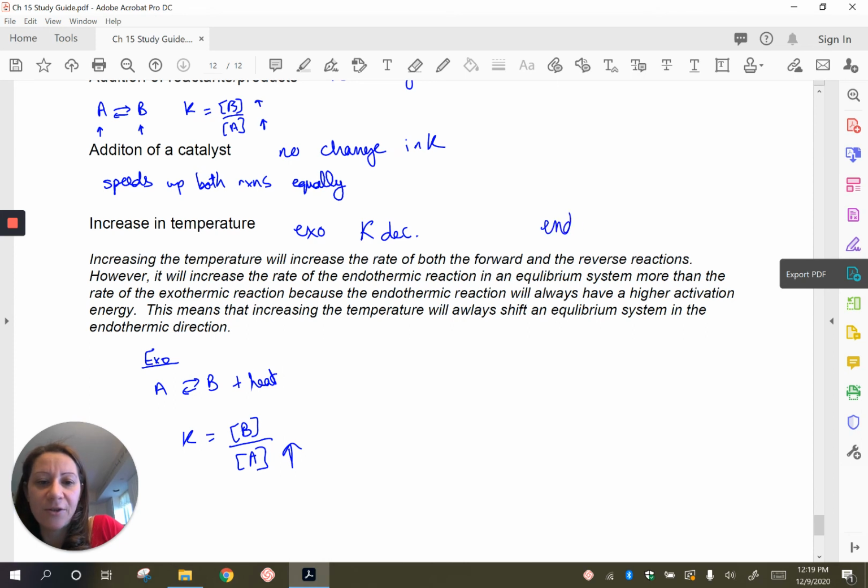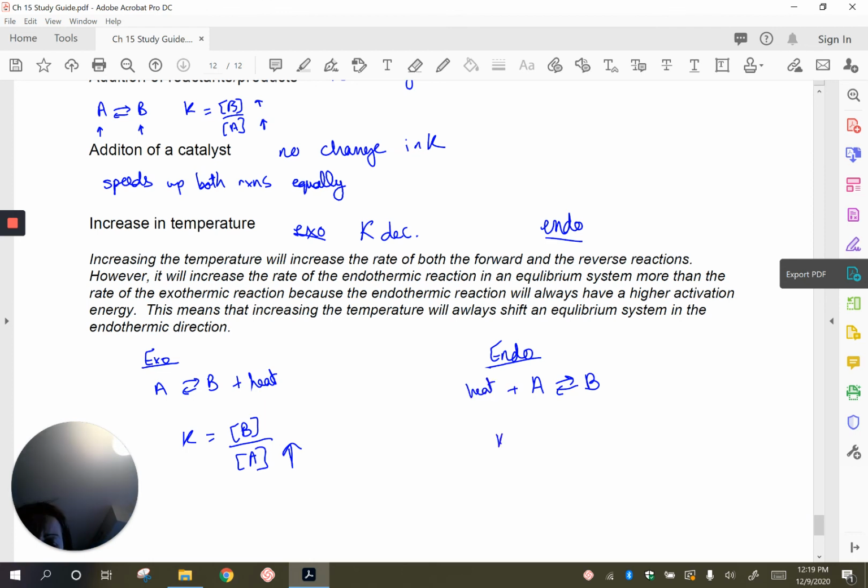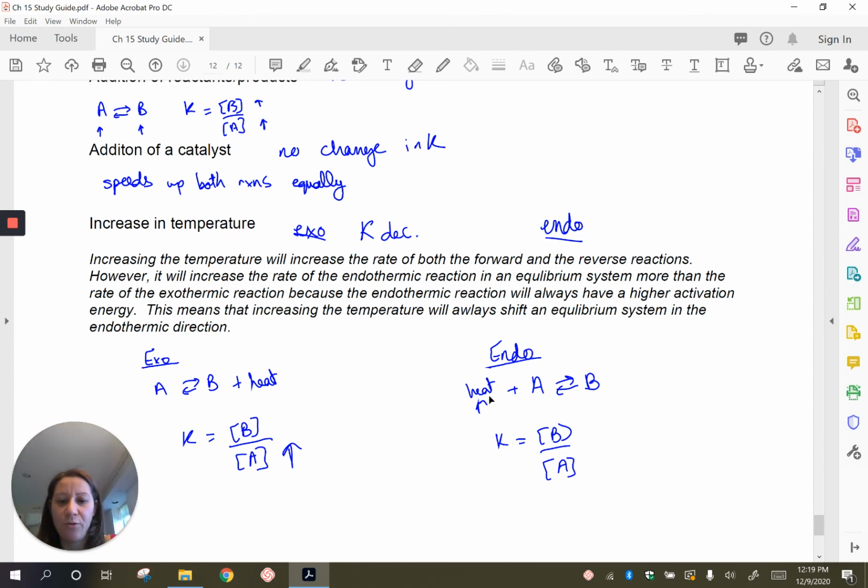Well, what if it's endo? Let's see. So if it's endothermic, heat is considered part of the reactants. So K is concentration of B over the concentration of A. Let's say I increase my heat. So now I have too many reactants, too much heat, right?